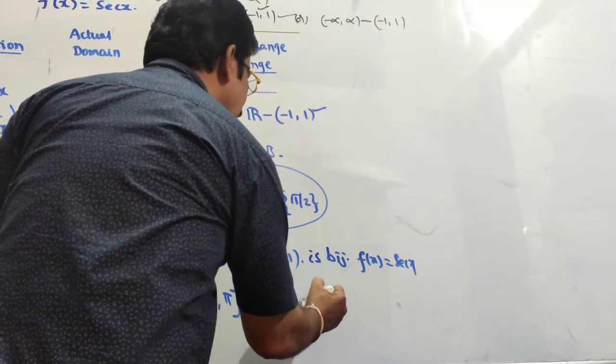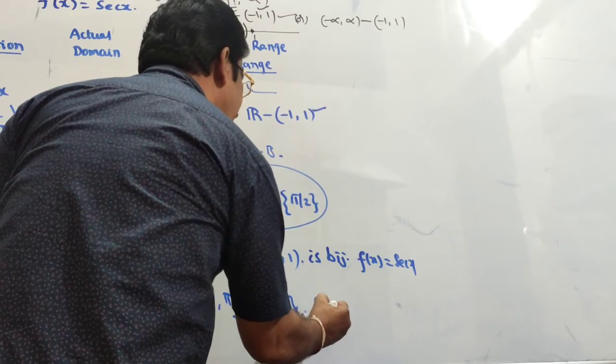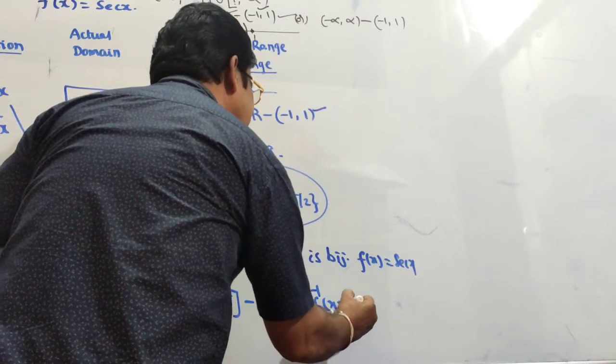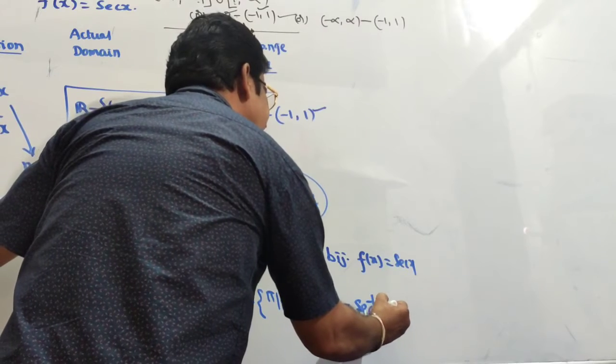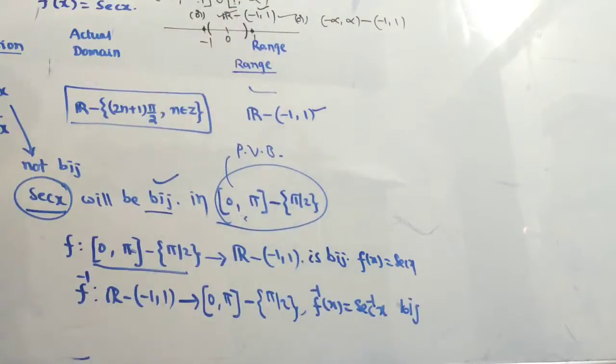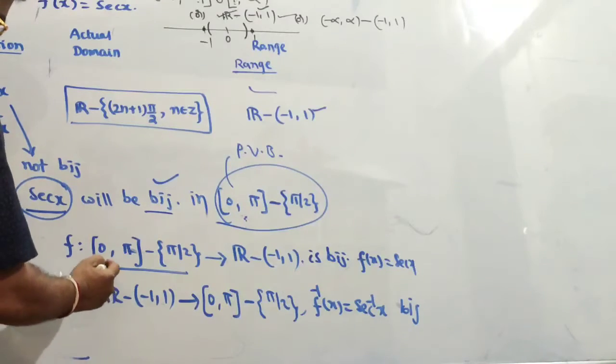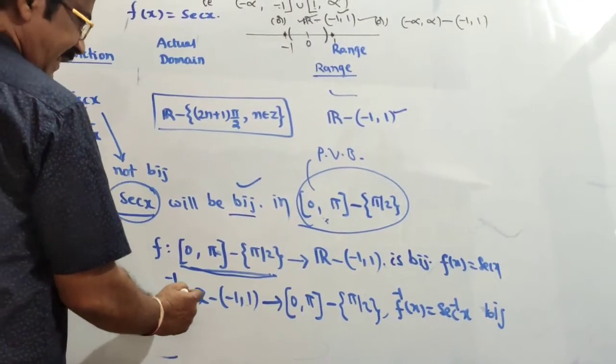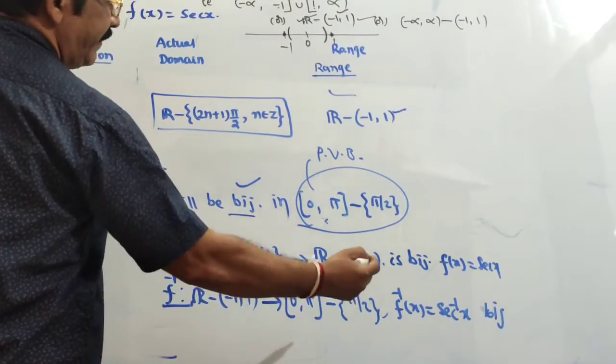Of course, it is also bijective. f inverse of x equals secant inverse of x is also bijective. So in this area its inverse exists. This is the notation and definition.